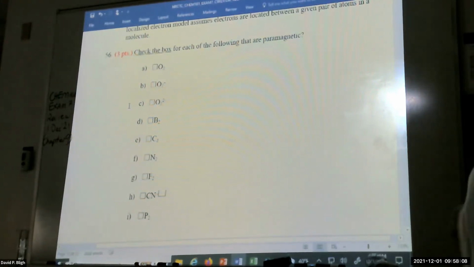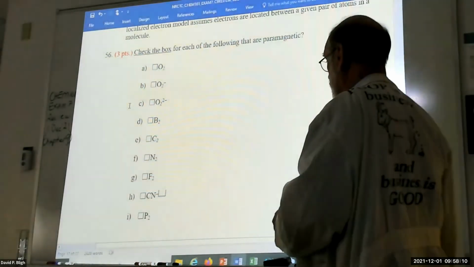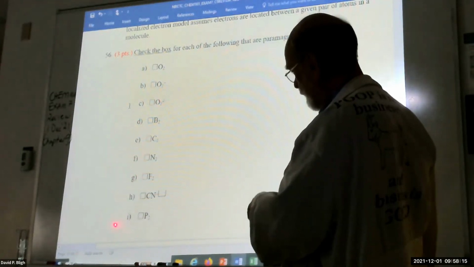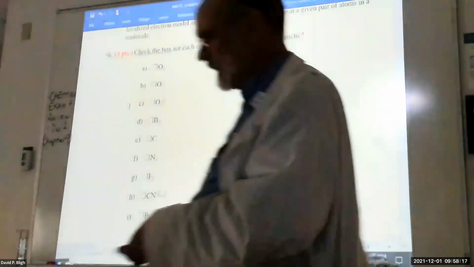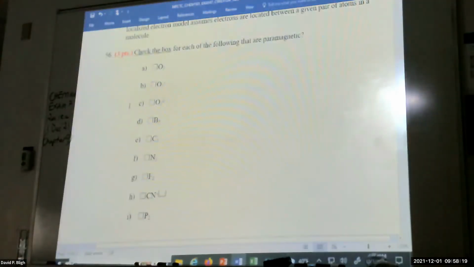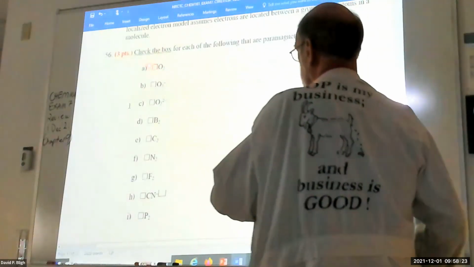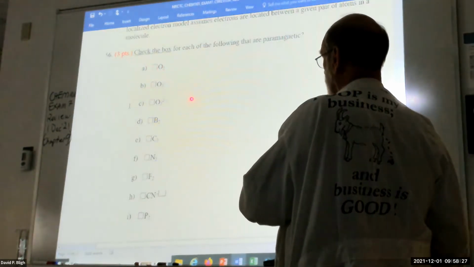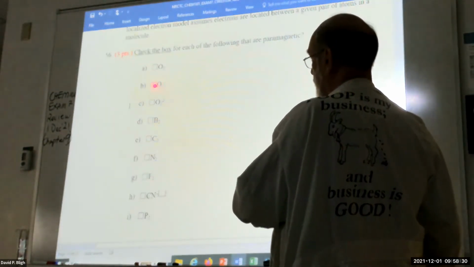Check the box for each of the following that are paramagnetic. For these, and phosphorus, because phosphorus is going to be like nitrogen. You can look at this one. That's paramagnetic. How about an O2?